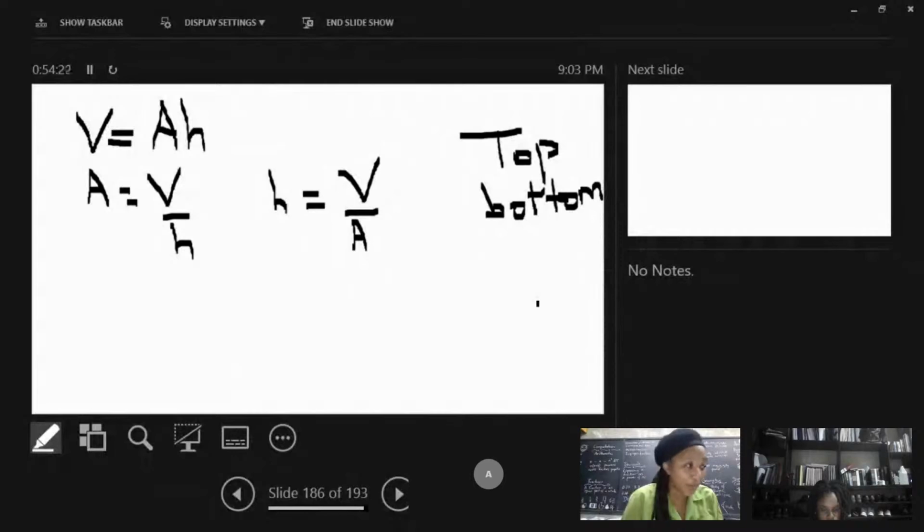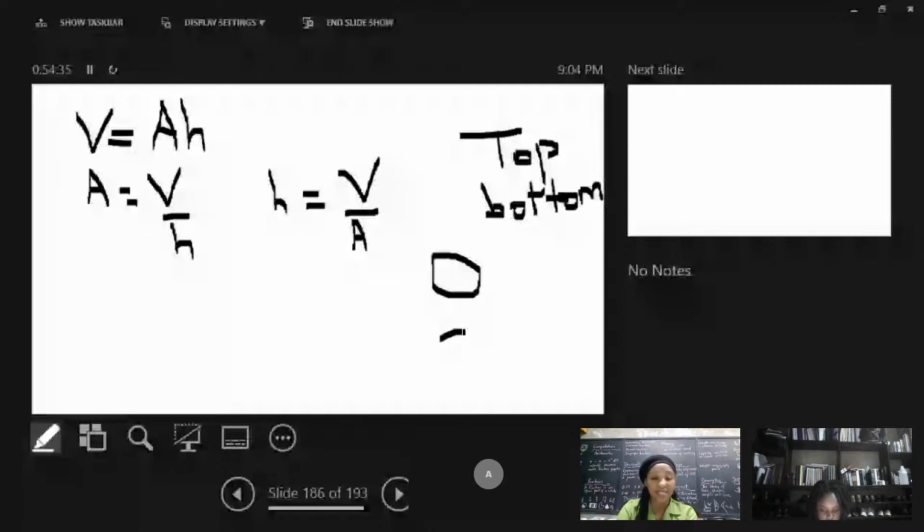We're going to do the volume of the pyramid and the volume of the sphere, and those shapes do not have the same top and base. But for a prism, where the top and the base are the same shape and they are connected by straight lines, which is the height, all you need to do is find the area of the base.